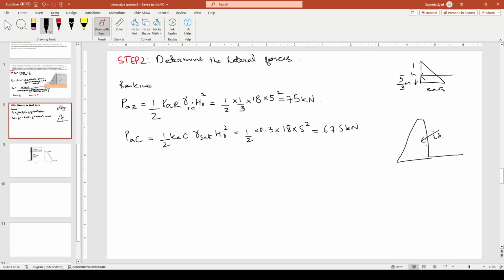This will be equivalent to 67.5 sine of 20, which is 23.1 kilonewton. PACH is 67.5 into cos 20, which is 63.4 kilonewton. So we got the horizontal and vertical components of the lateral forces as discussed in the previous slide.